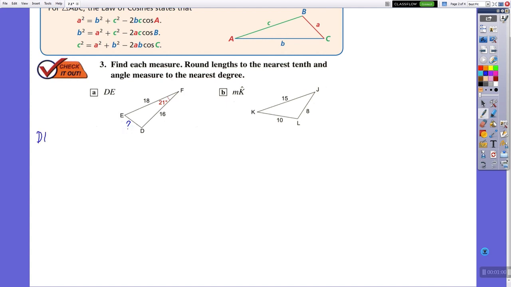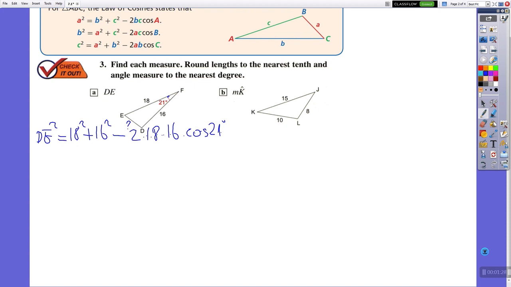So DE squared is equal to sum of squares of others, 18 squared plus 16 squared minus 2 times product of others, 18 times 16 times cosine of the angle located between them. The angle located between them is 21.